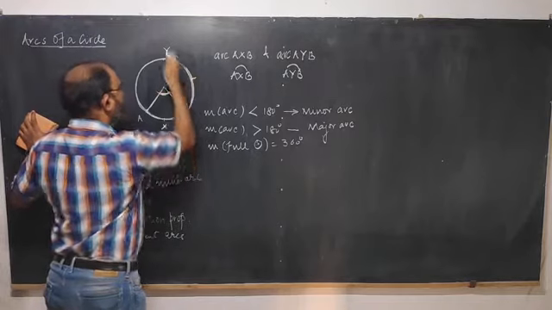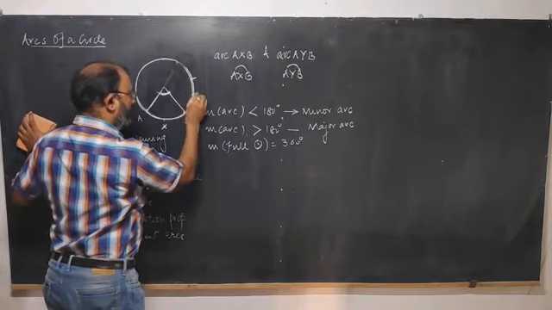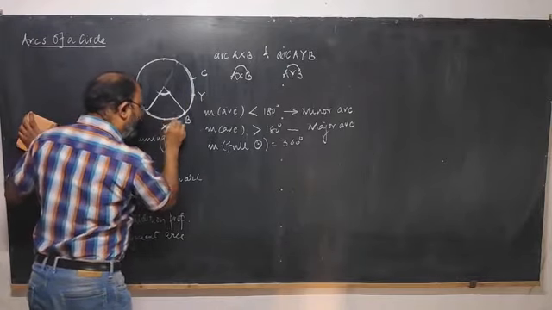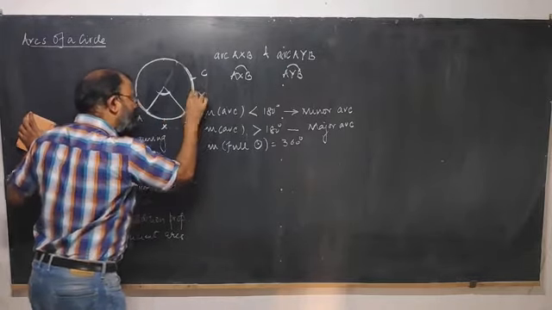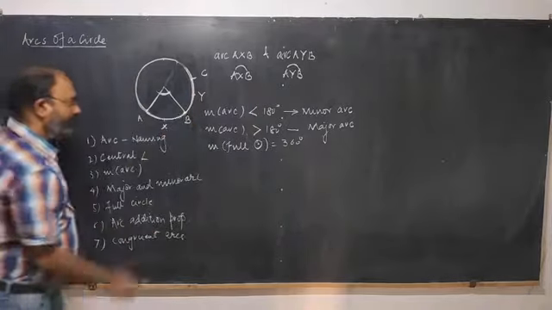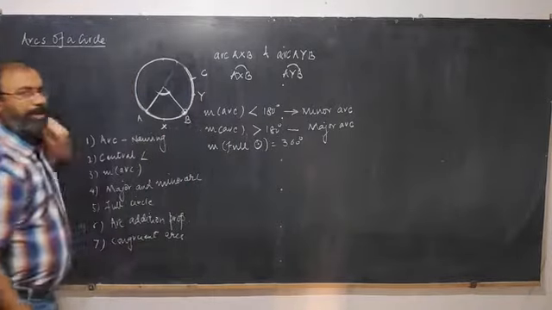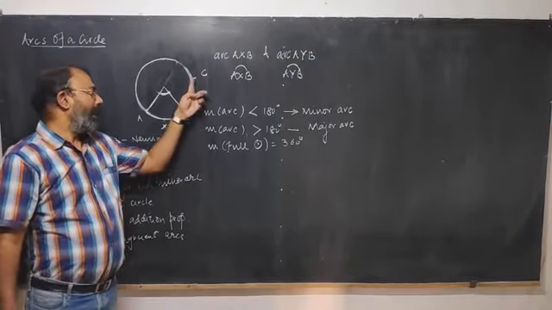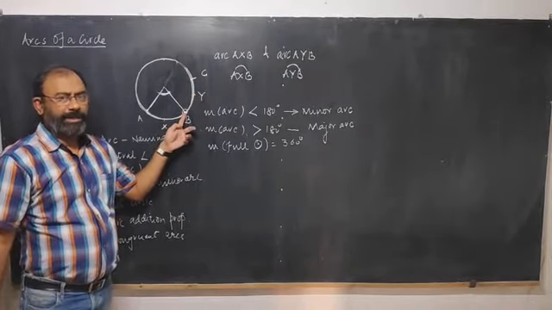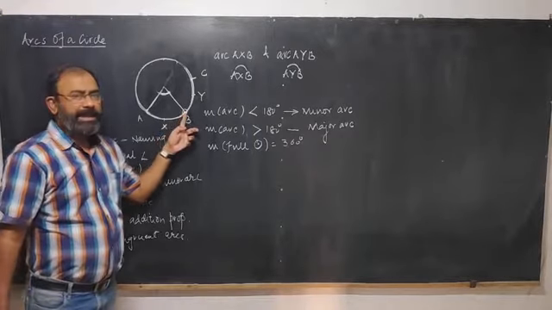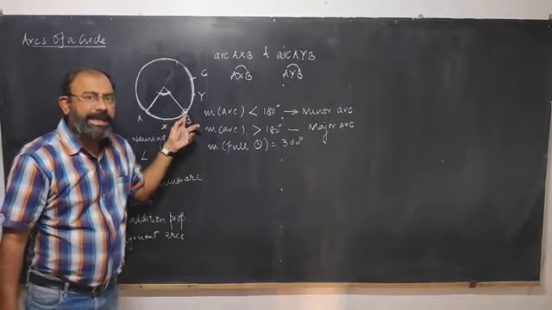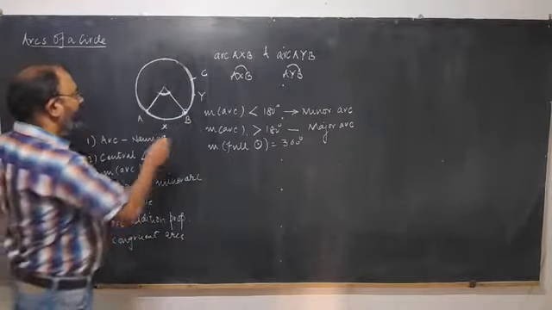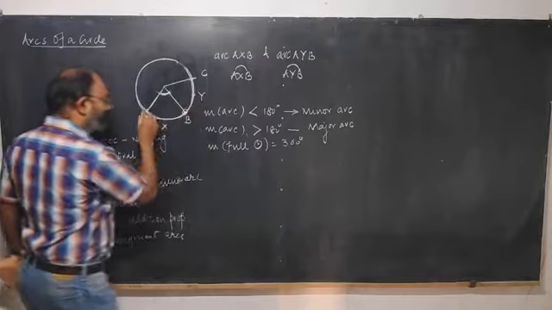Point C here. Now, arc AXB and arc CYB, they have one common endpoint. Arc AXB is ending at B. Arc CYB is also ending at B. So, B is the common end point of these two arcs.